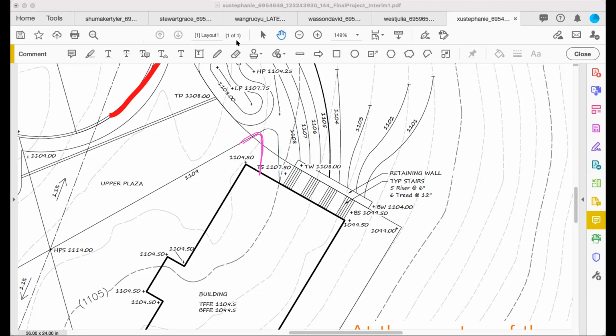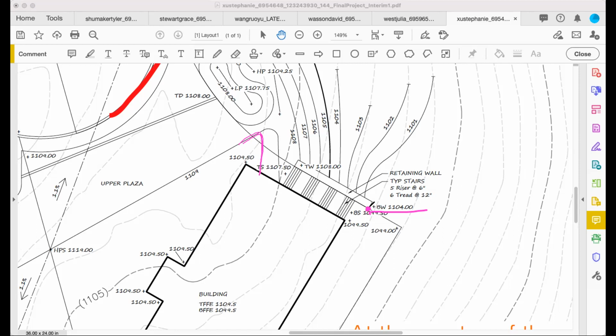And what else? And then the bottom BS seems good. Yeah, that's good. Your B wall, it's probably off. It should be whatever the elevation is on that plaza, on this patio.